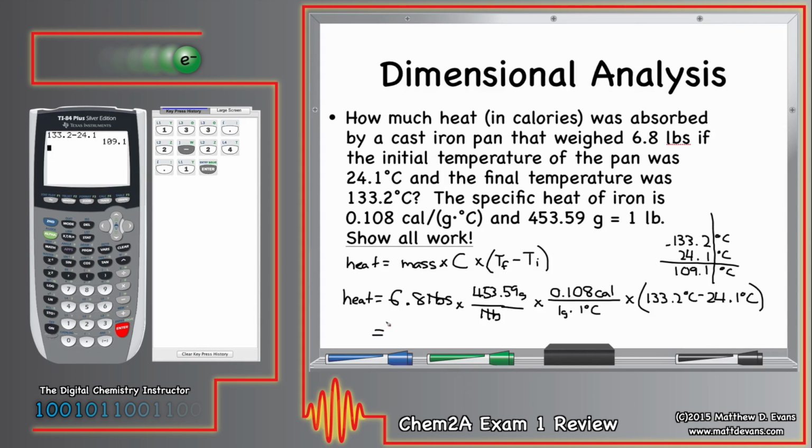So now equals, now I just have to simply put this onto the calculator. All right, so 6.8 times... So that's a really heavy pan. It's made out of iron. And then times 0.108, times 109.1.